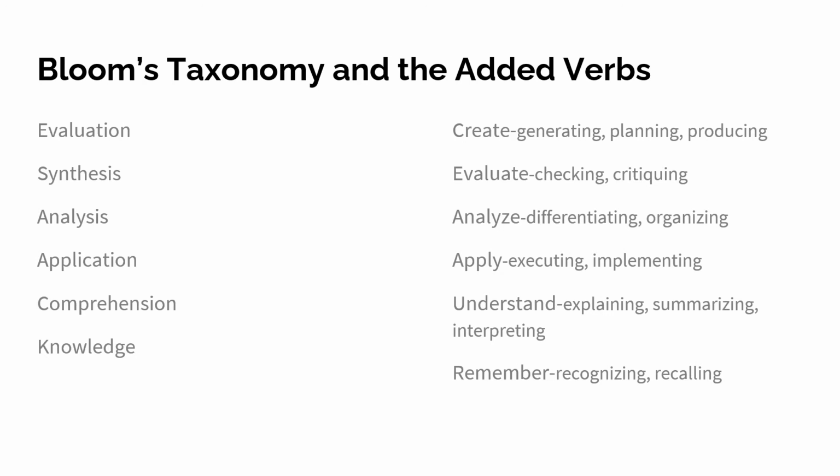The fourth level, analyze, action words such as differentiating and organizing. The fifth level, evaluate, you could use words such as checking or critiquing. And the sixth level, create, action words such as generating, planning, and producing can be used.